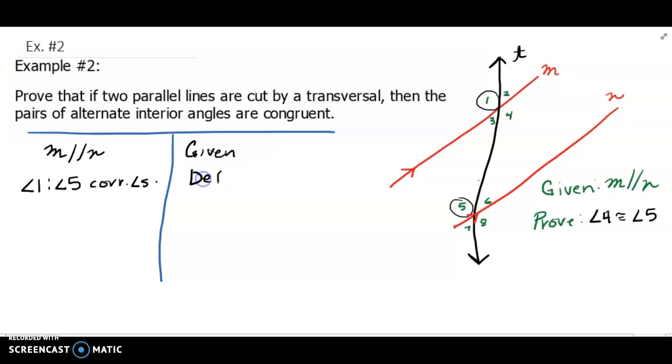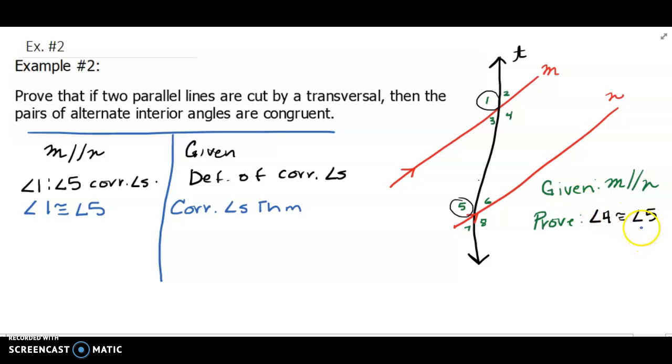That's just by definition of corresponding angles. Okay. Now, what do we know about corresponding angles when the lines are parallel? When the lines are parallel, we know that corresponding angles are congruent. That's by the corresponding angles theorem.